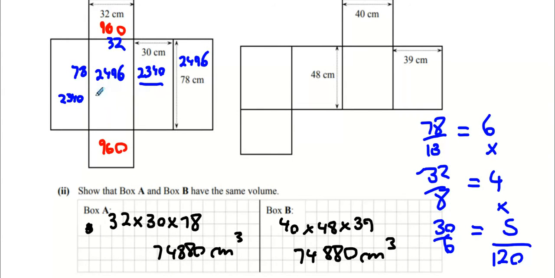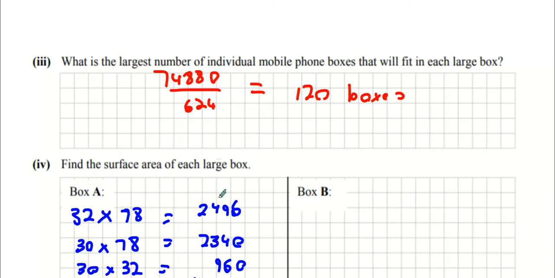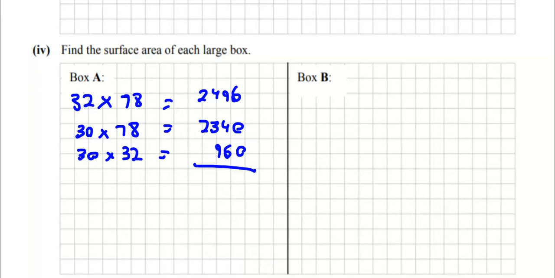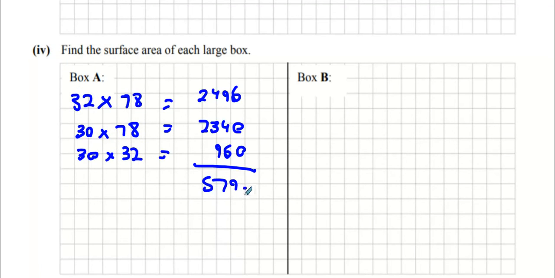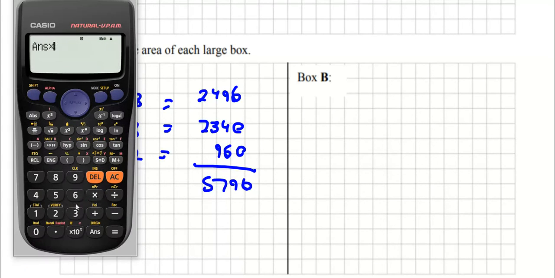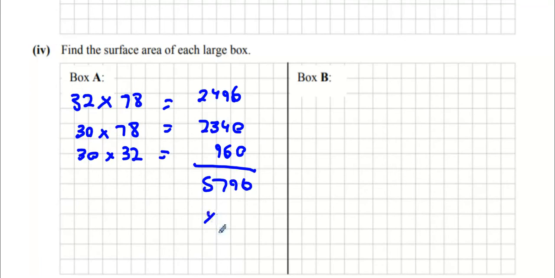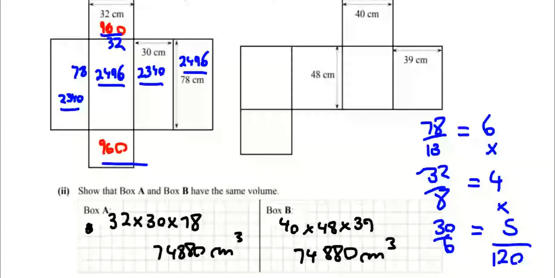Remember, there are 2 2340s, 2 2496s, and 2 960s. So we're going to add them together and multiply by 2, or you can multiply each one by 2 and then add them together, whichever you want. So I'm going to add these together to get 5796. Then I'm going to multiply that by 2. I'm going to get 11,592 centimeters squared.